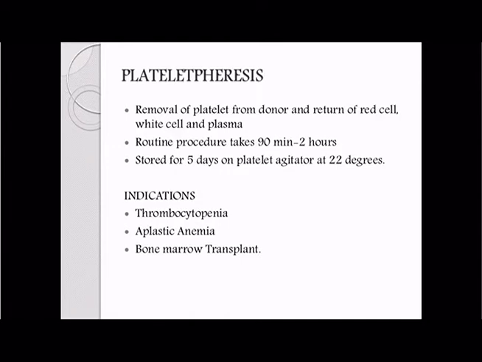The platelet is obtained from a single donor, so there is less risk of transfusion transmitted diseases. Also, it contains 3 into 10 to the power 11 platelets per unit, which is equivalent to 6 units of platelet concentrate. It can be used to obtain platelets from donors with matched HLA phenotypes.